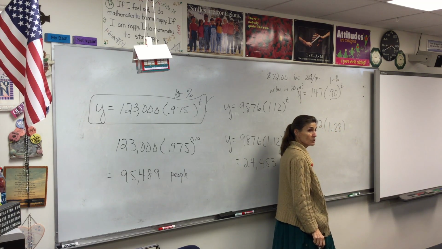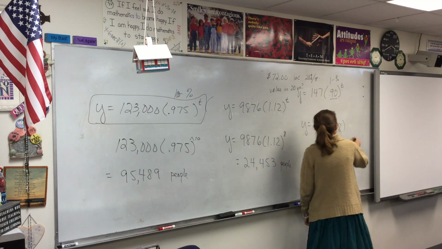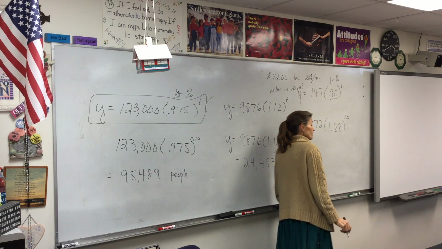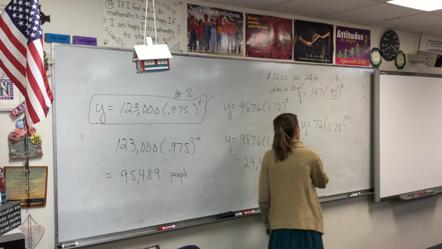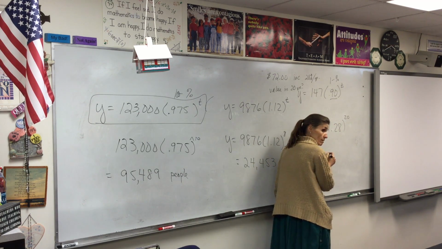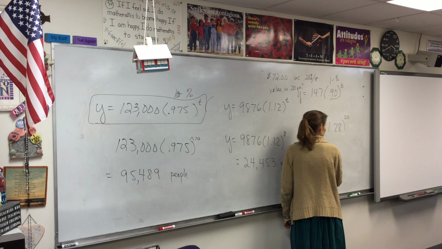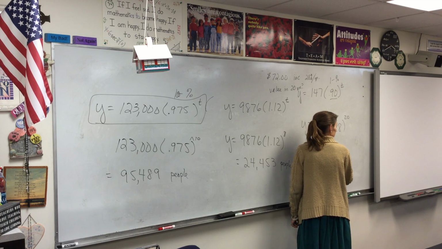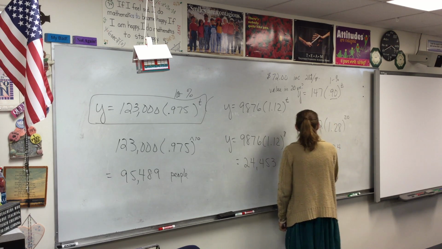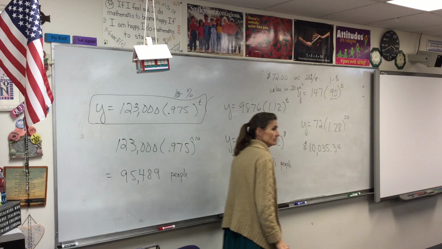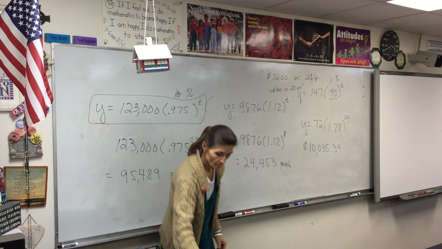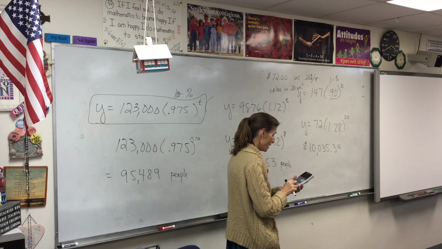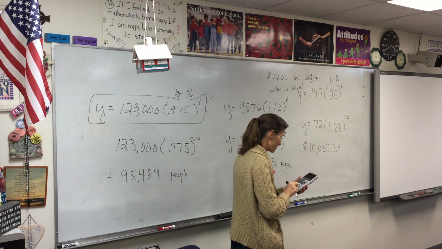Everybody good with 1.28? And you raise that to the 20th power. Tell me what you got. What? 10,000? Whoa! Anybody match that? Yeah. Isn't that pretty awesome? Better keep that book.